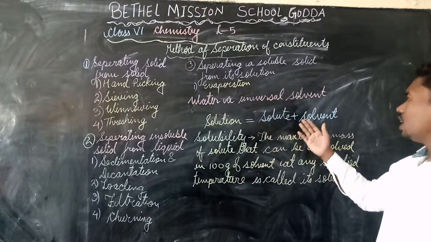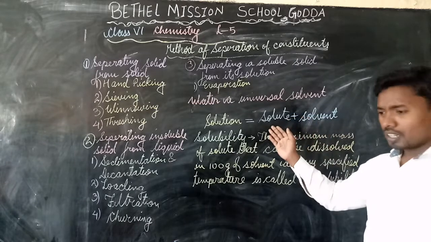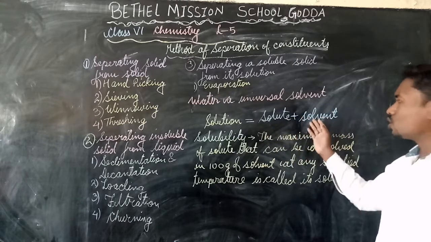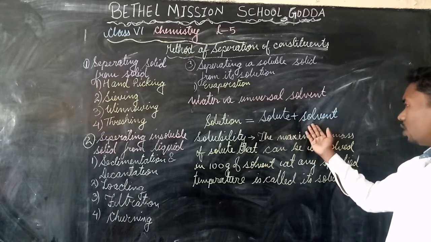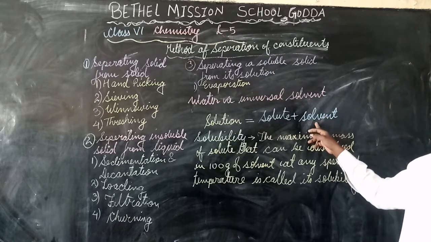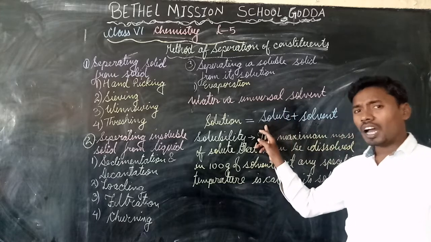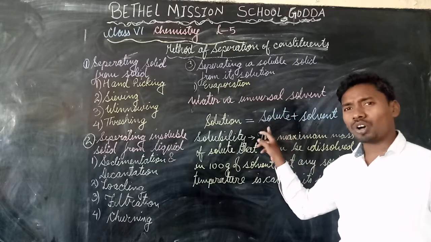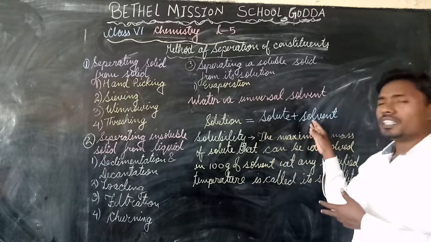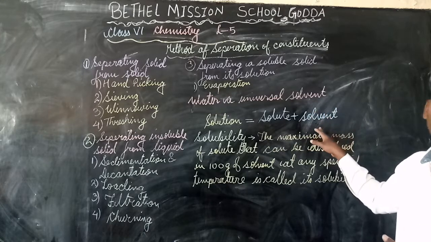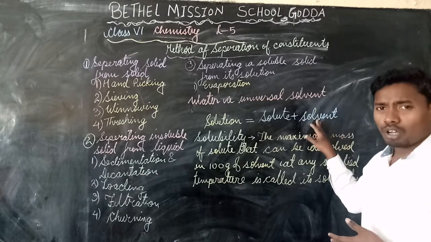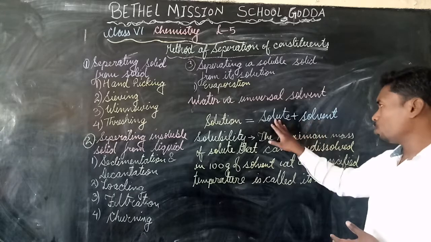Now when we are talking about water, there is a mixture of a liquid and a solid. The liquid which dissolves the solid is called the solvent. What is a solvent? Solvent is the liquid which is going to dissolve the solid, and solute is the solid which is going to be dissolved in the solvent. So these are the two things.